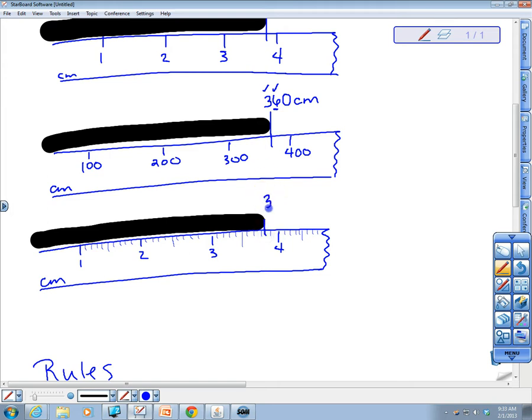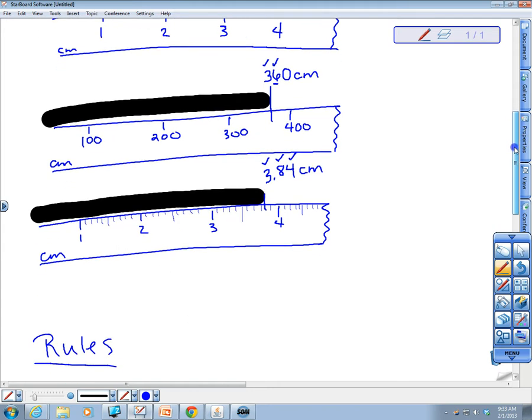So I'm going to read 3.8 directly off, and I'm going to say it's about 3.84. You might have a different opinion. You might say 3.83 or 3.85, but it's going to be somewhere in that ballpark. So this digit and this digit are the ones I read, and this digit is also significant because it's the one I estimated. But anything that came behind it would not necessarily be significant.